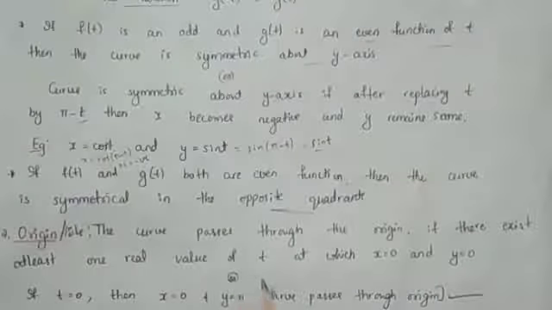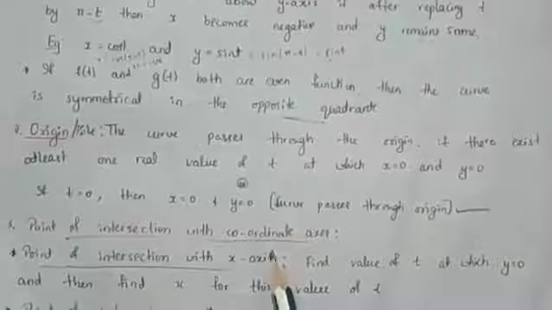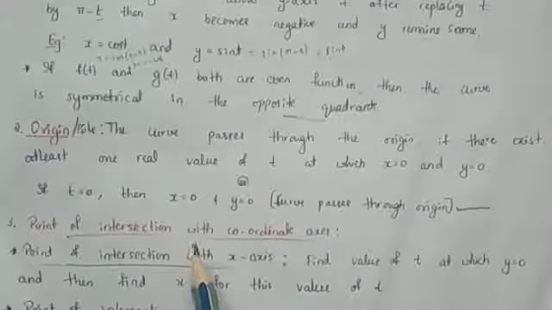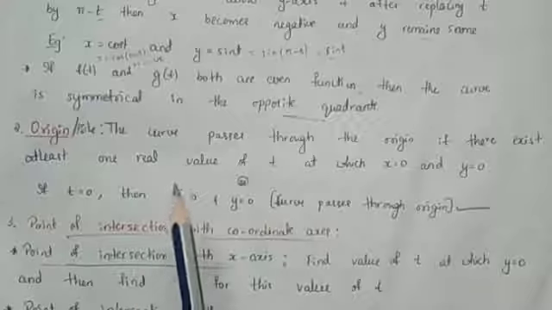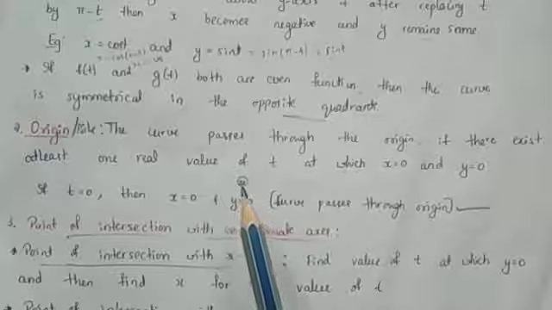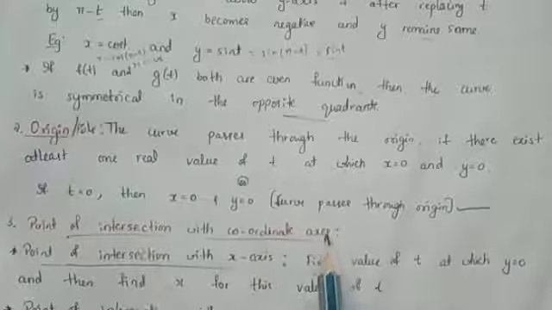You will understand this concept through the problems. The next point is the point of intersection with coordinate axes. If you know about this, you can easily say whether the curve passes or does not pass through the origin.